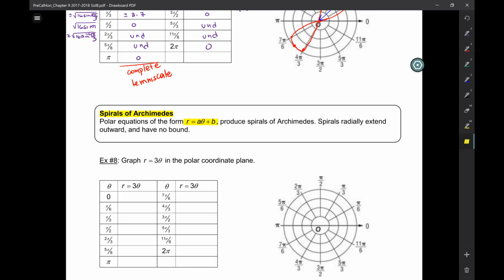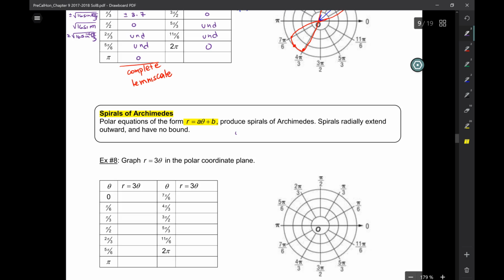When theta is pi over 6, it's even bigger, and then bigger and bigger. So the radius just gets bigger and bigger, okay?